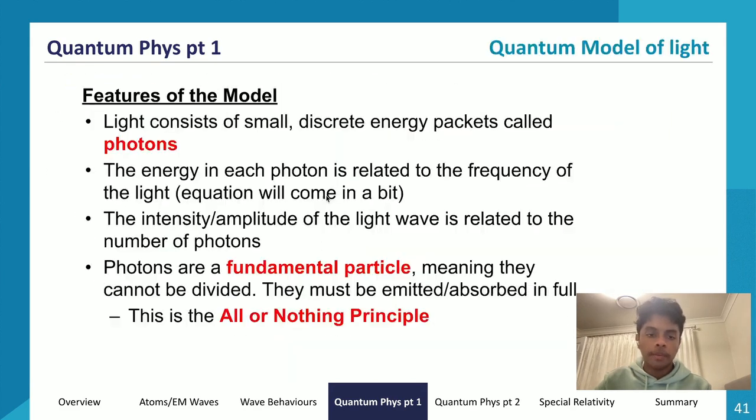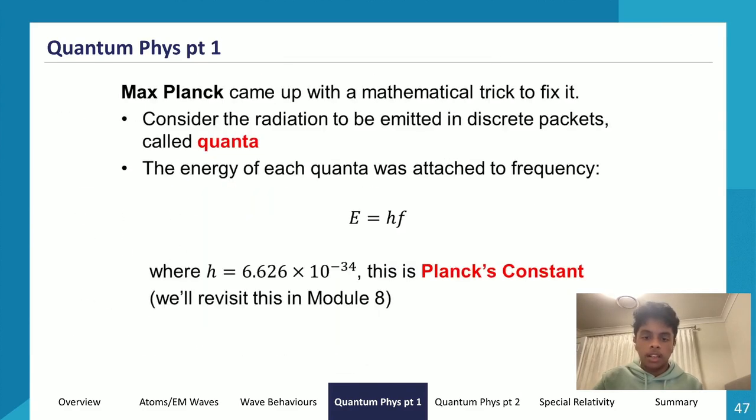So now if we go to the photon model of light, the energy in each photon is related to the frequency of light. So if we're trying to find the energy in a photon of light, let's say with a frequency of 300 hertz, a photon, which is a quantum of energy, would carry 300 hertz times Planck's constant, which is 6.626 times 10 to the power of negative 34.